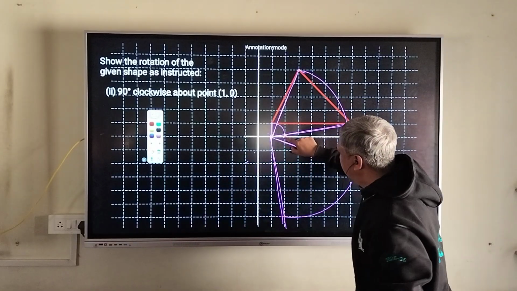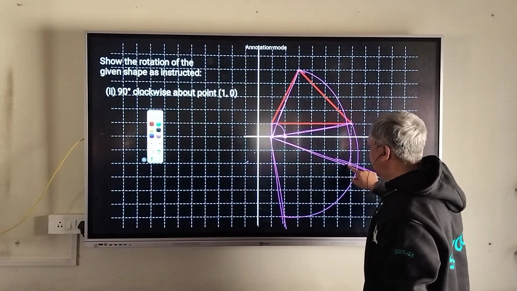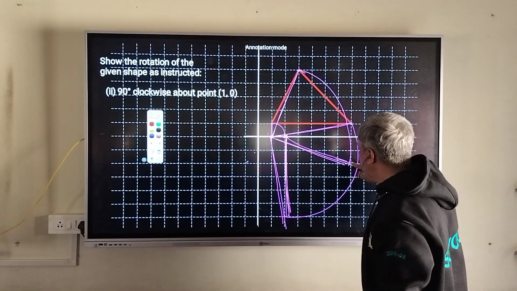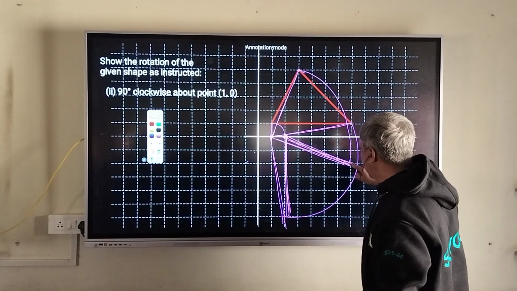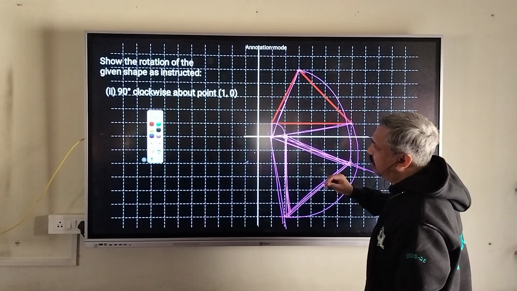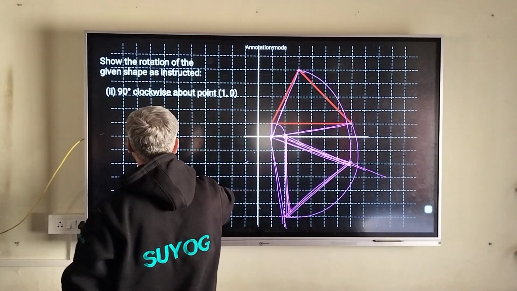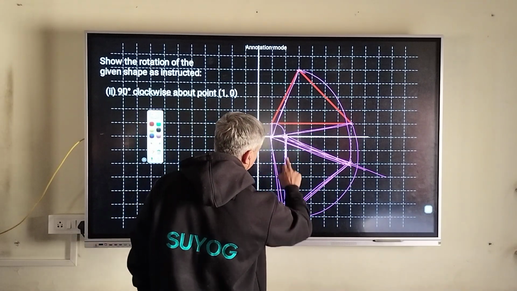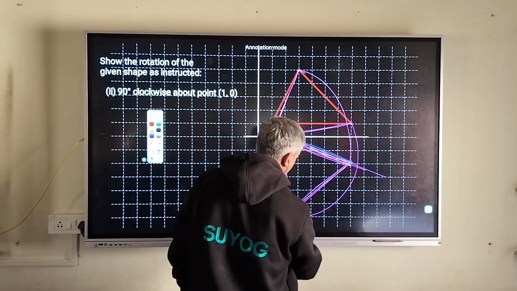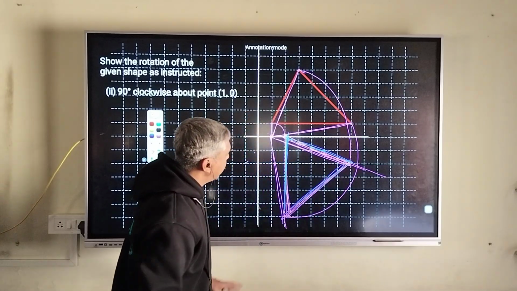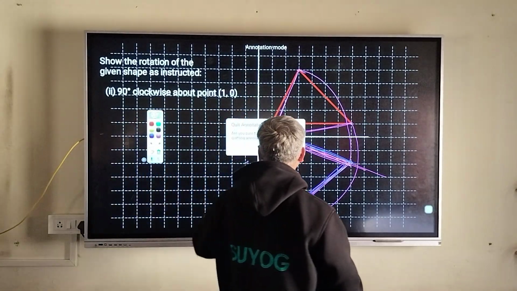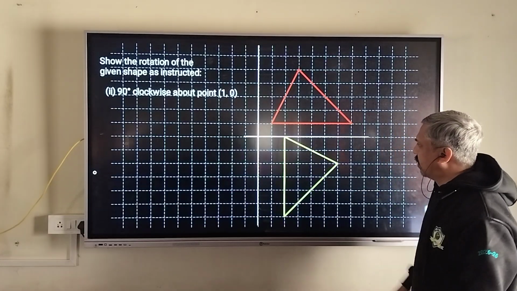So we should get something like this. Our final answer should be like this, this blue color. Let's see.